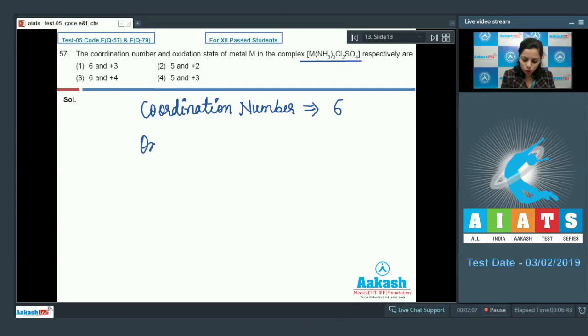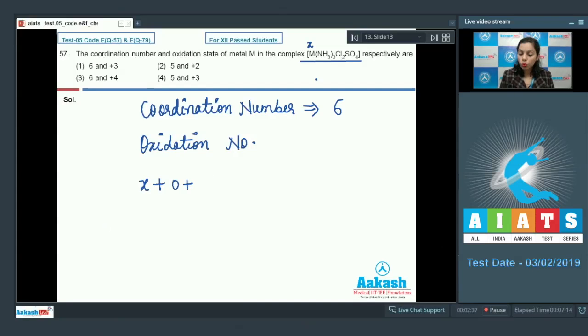And here if we want to find out the oxidation number, what we need to do here? We just assume that the oxidation state of the metal M is X. So the sum of the oxidation numbers should be 0 for this. Ammonia is a neutral ligand, that's why its oxidation number is 0.